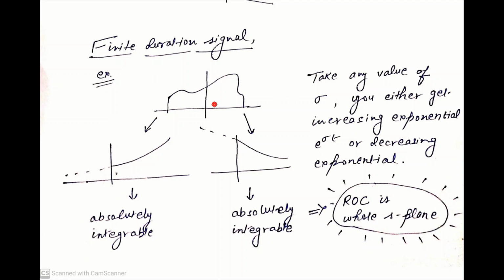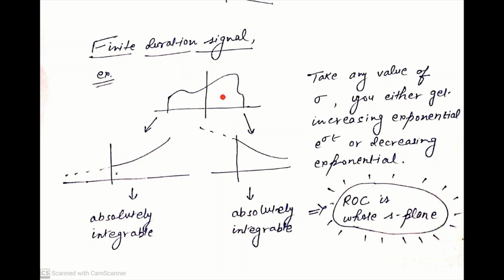One condition you have to keep in mind is that the value of the function should not be infinite in this time interval. So now you have to multiply this function x(t).